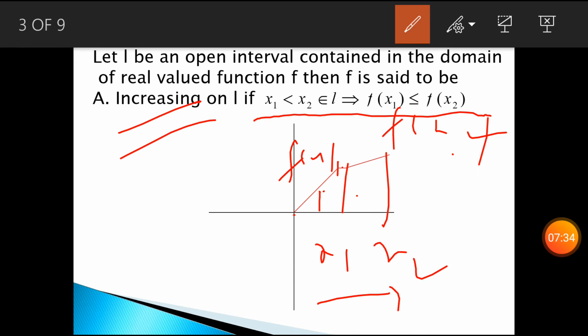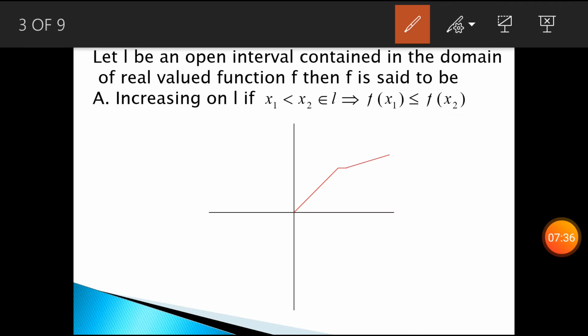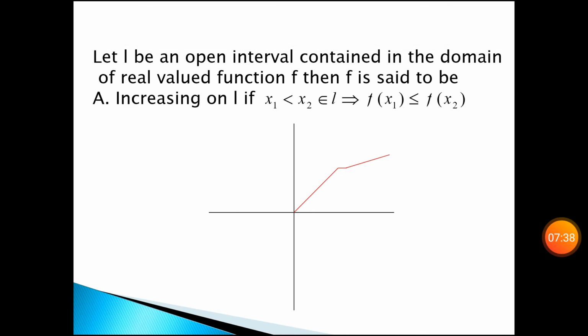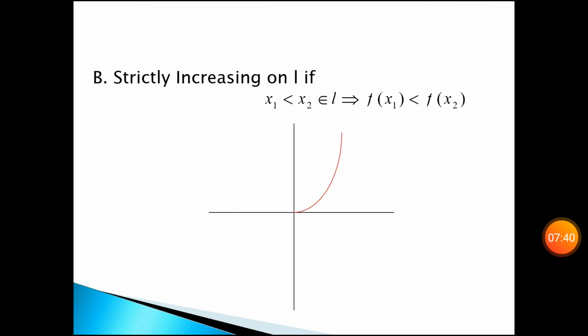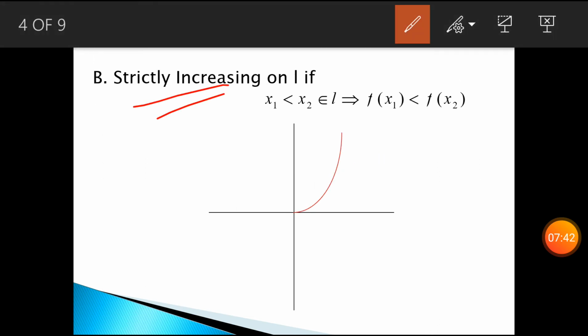Okay, now the second case. I told you the 4 cases are there. What is the second case? Strictly increasing. What is strictly increasing? If x1 less than x2, again we are talking in the interval only, and we have taken these 2 points from the interval, then it implies that y1 is strictly less than y2. Just see this point.